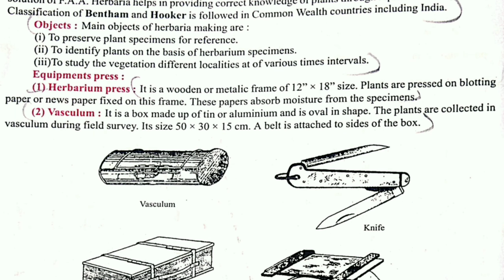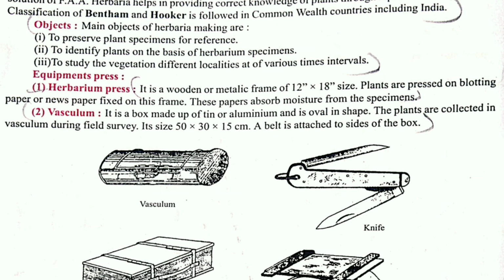The first one is your herbarium press. Actually, in this case, children, we keep the leaf in between two blotting papers, and a press, just like the electronic press we have, likewise a press will be there, that will absorb the moisture, and easily that particular leaf can be conserved for a longer time.